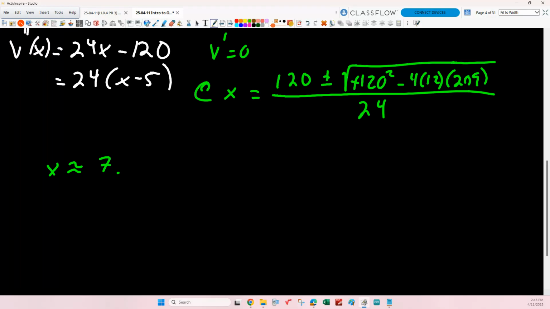About 7.75. So we get about 7.75. Okay, it's not exactly right, is it? No. Or what else? Negative 330.4. Okay, what do you think about that one? It's probably not it, right? So about 7.75.